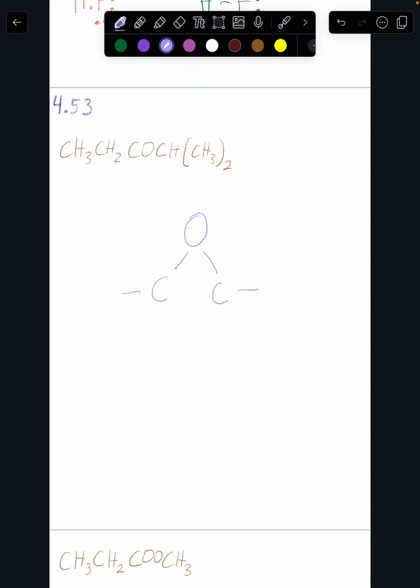Or it can go like this. And in this case, we know this carbon has 3 other bonds already through that.